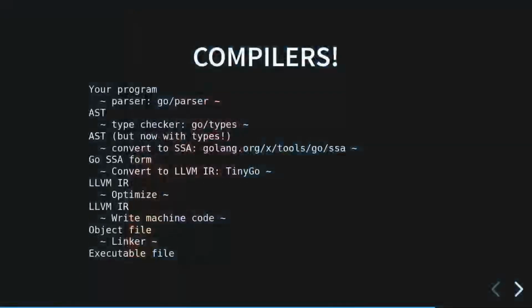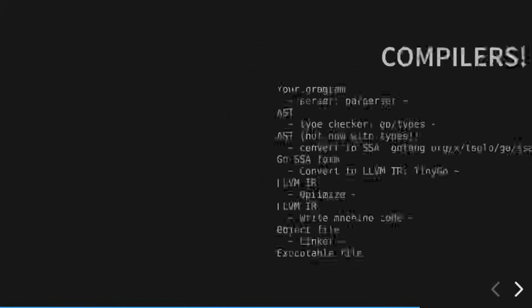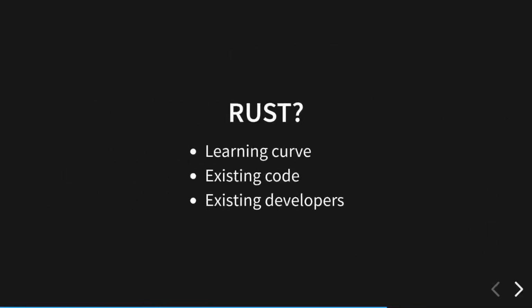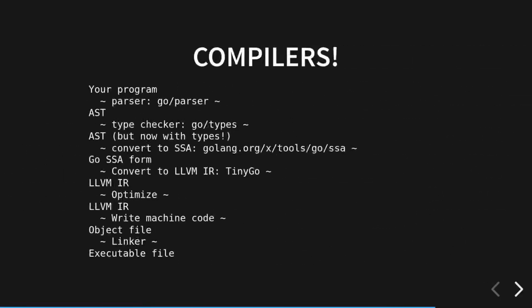But for example, you might also have existing Go code you might want to use on a microcontroller, or existing developers that are familiar with Go but not with Rust. So having options is great. But then again, Rust is probably a nice language, it's just not my language. So that's why I like using a different language.